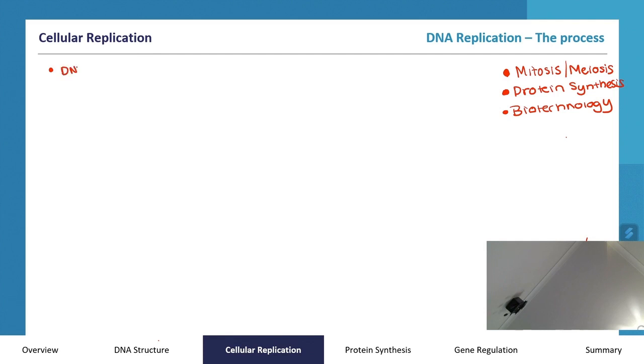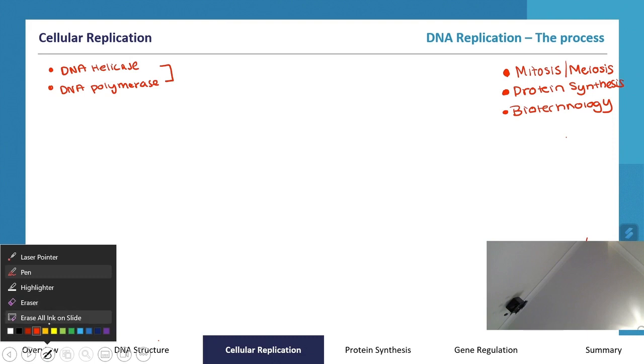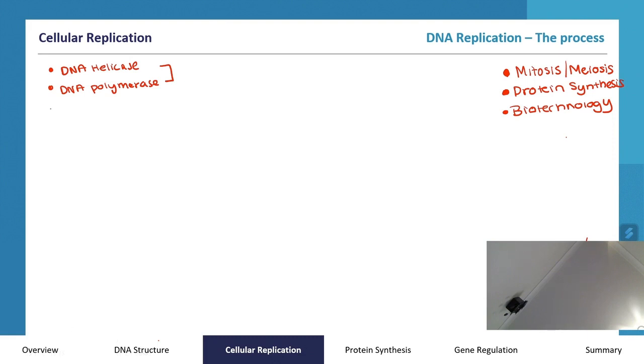The first one that we have is DNA helicase. The second that we have is DNA polymerase, which are our two most important ones. And these two are the only two that you really need to know a great detail for in the syllabus. The other ones that we have are primase and ligase.